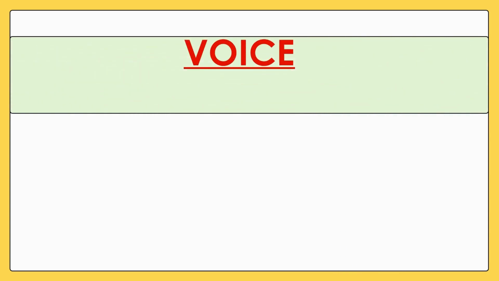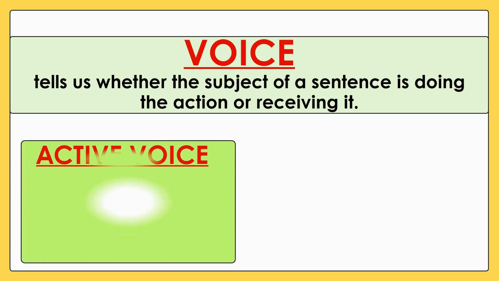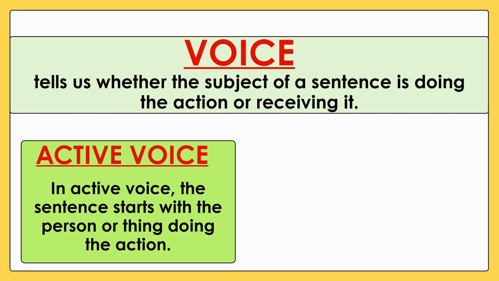This time, let's discuss what a voice is. Voice tells us whether the subject of a sentence is doing the action or receiving it. So there are two kinds of voice. First, we have active voice, which means the sentence starts with the person or thing doing the action.